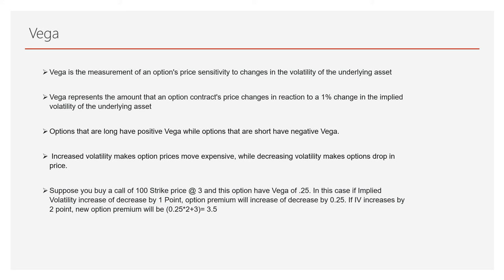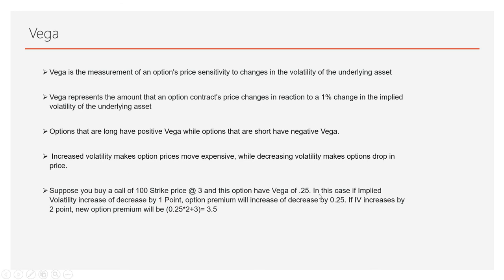We can take a small example for understanding Vega better. Suppose we buy a call of 100 strike price at the rate of 3, and this option has a Vega of 0.25. In this case, if IV increases or decreases by 1 point, the option premium will increase or decrease by 0.25. Vega tells us how much the option premium will increase or decrease with a change in implied volatility.